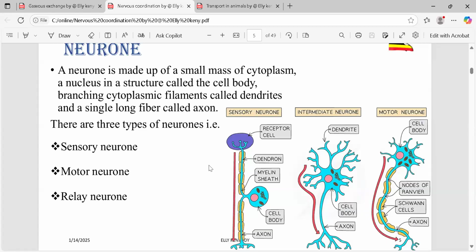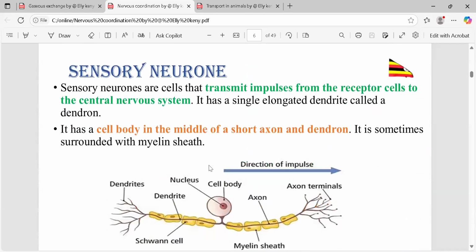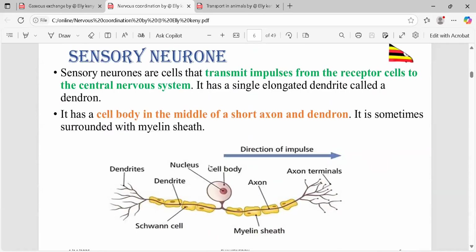The relay neuron is just a link between the sensory neuron and the motor neuron. And then this is just more explanation on the sensory neuron. But the main thing we should understand is the sensory neuron picks information from the sense organ to the central nervous system. The central nervous system can either be the spinal cord or the brain.